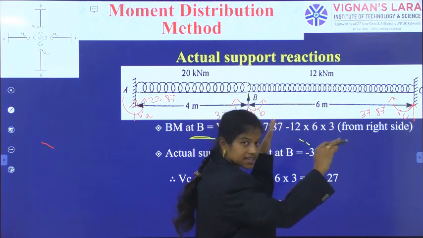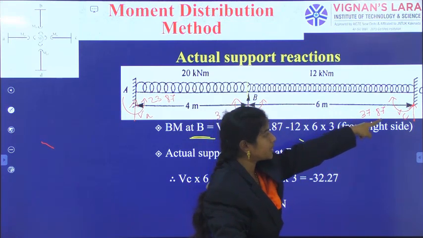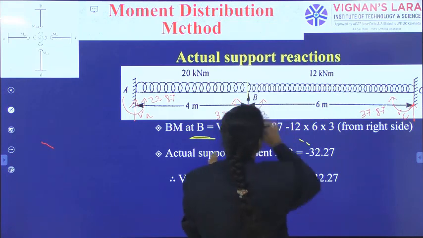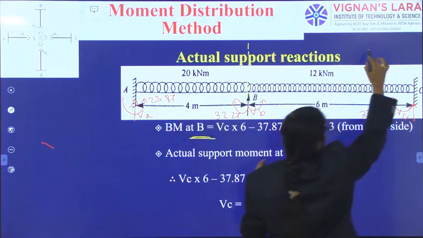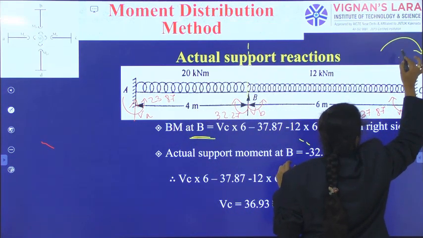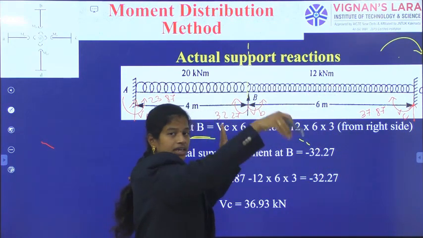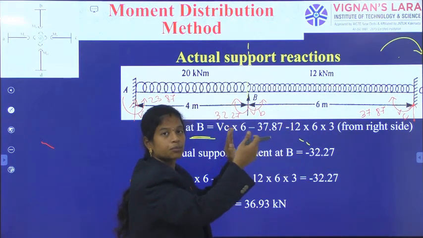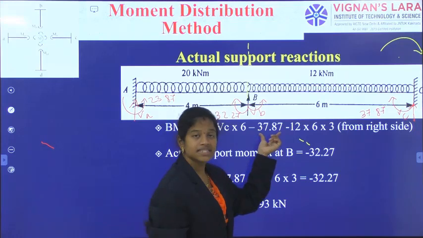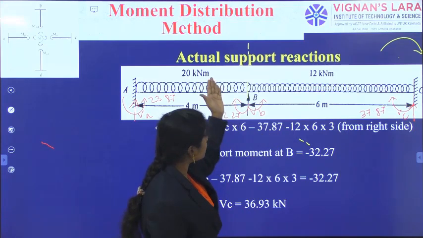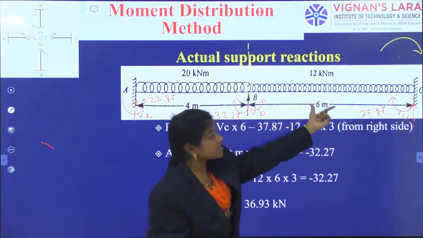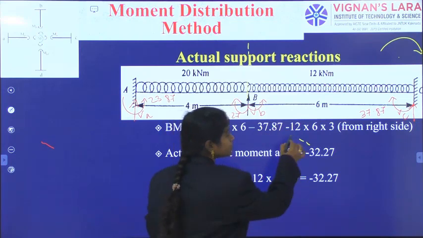And also I am having a moment 37.87. For this section line, the corresponding moment is causing hogging type moment. That's why negative. So, minus 37.87. And also I am having a UDL of 12 intensity over 6 meters. So, 12 into 6 into 3.